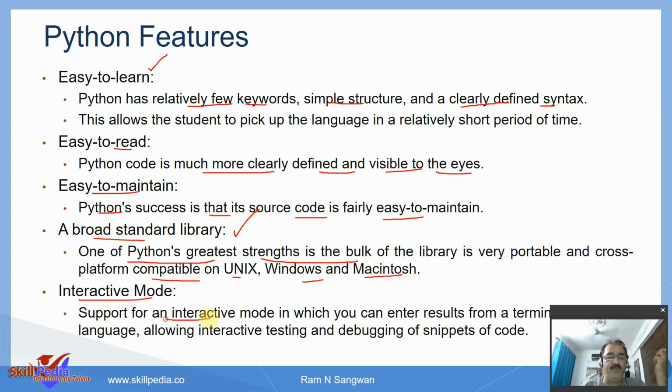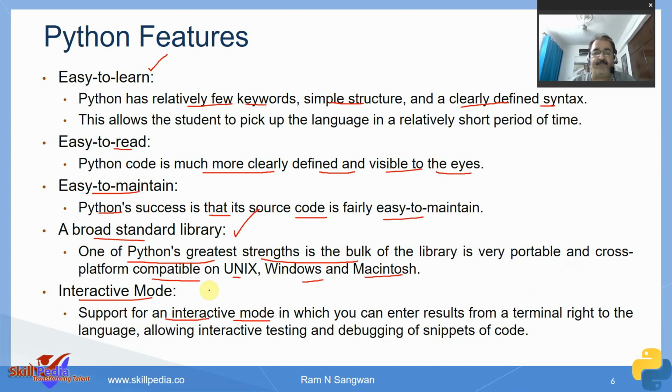Interactive mode. It supports an interactive mode, as I said, because it gives you a Python prompt, like a shell prompt, where you can enter commands from a terminal window, for interactive testing and debugging of snippets of code. That gives you another advantage of Python.